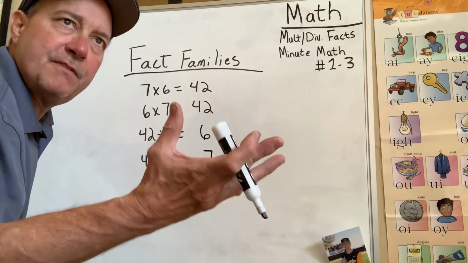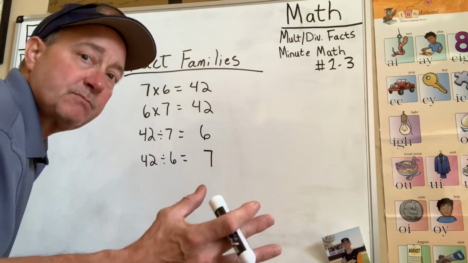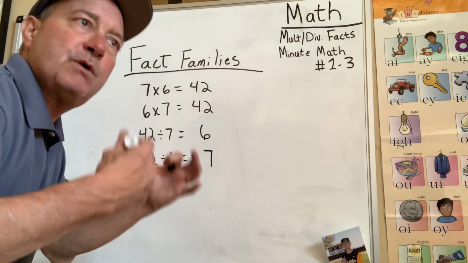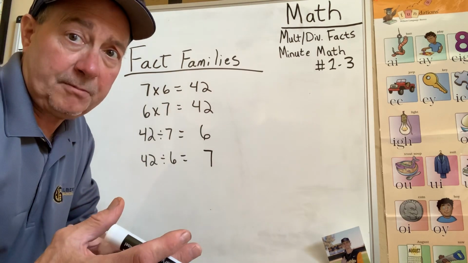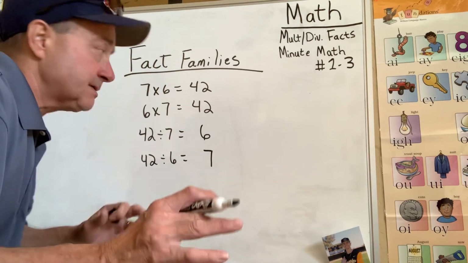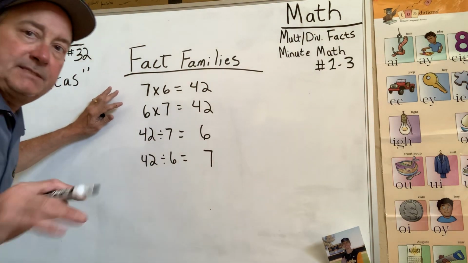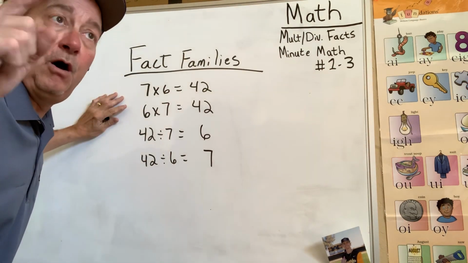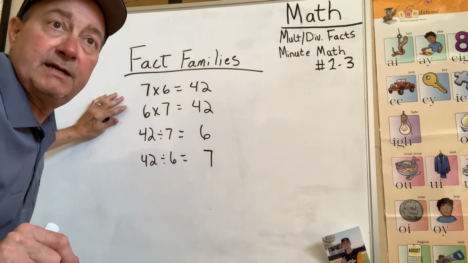So if you look at it that way, you don't look at a division problem like, oh wow, I can't do it. Yes, you can. If you know your multiplication, you can do any division problem, okay? So let's look at this. This is one that I made up. It's not one of the ones that's on your sheets, but you have a fact family problem in all three of your Minute Maths this week, guys.